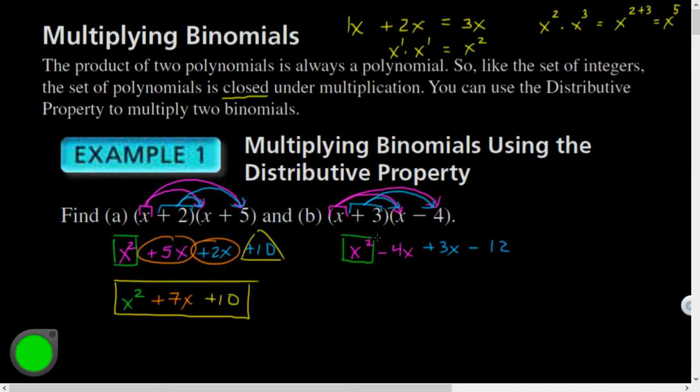So x squared, there were no other x squareds. For x to the firsts, looks like I've got a couple that I should combine. Yeah, 3 times negative 4 became the negative 12 there. See, negative 4x plus 3x, how many x's is that?